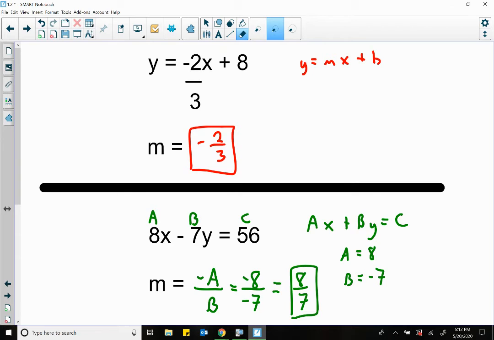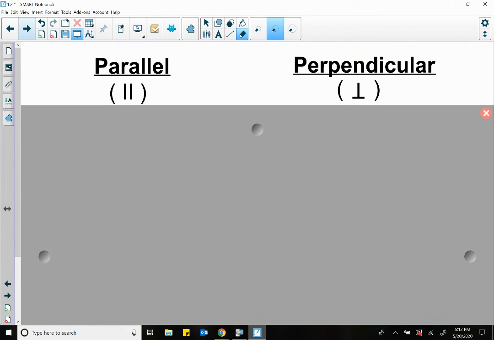Okay? All right, last but not least, in 1.2, we're going to talk about parallel and perpendicular lines. So the symbol for parallel is right here. It looks like two lowercase l's, or it could be two capital I's. But basically, it's coming from the two L's in the word. Parallel lines are two lines that don't touch.